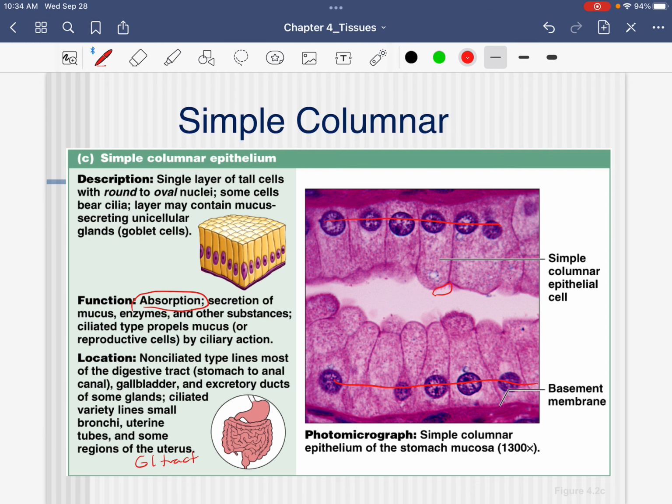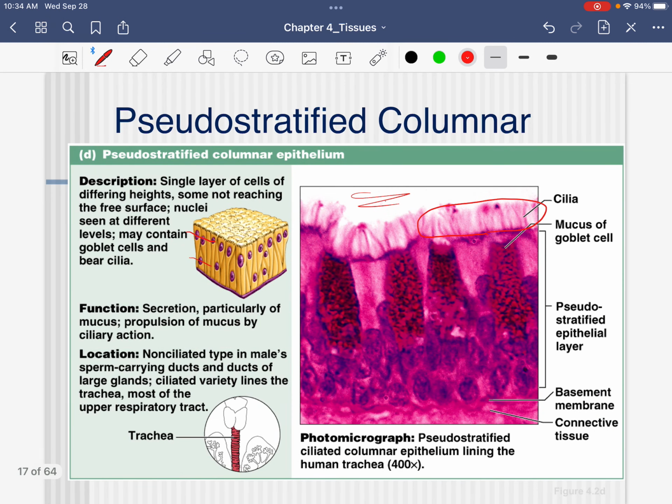So other tissues have cilia. But what I'm saying is the pseudostratified columnar will have more obvious cilia. All right, so pseudostratified columnar, free space, obvious cilia. We find it in the trachea. And let's just say it filters, because it filters incoming air, filters out the particulates.